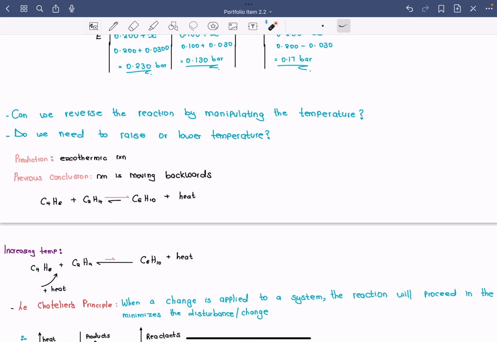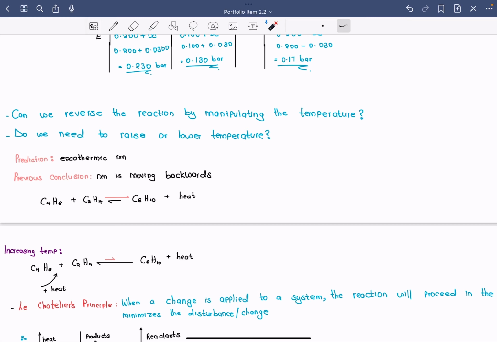Is there a way that we could get our reaction to move forward by manipulating the temperature? Yes, we can reverse the reaction by manipulating the temperature. But now the question is, do we need to raise or lower the temperature?